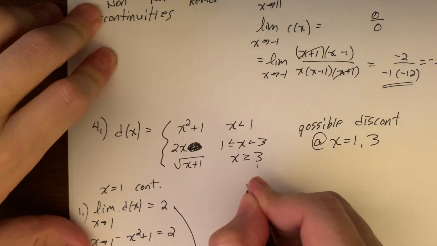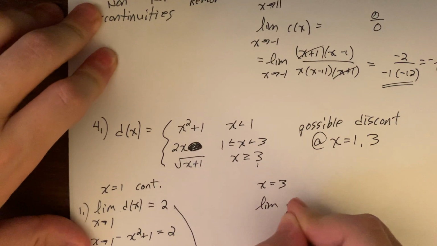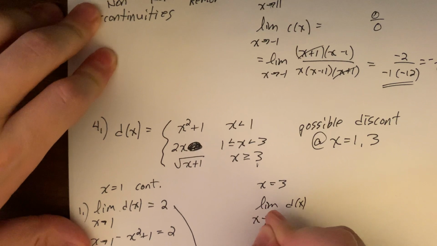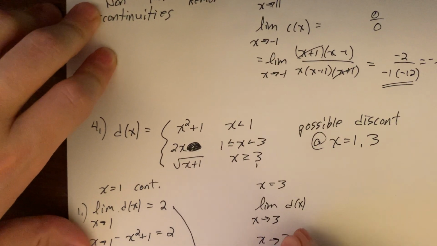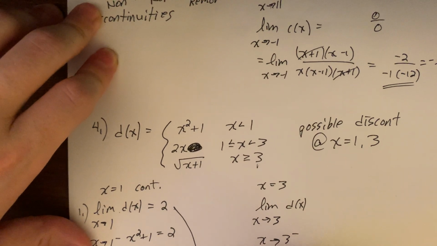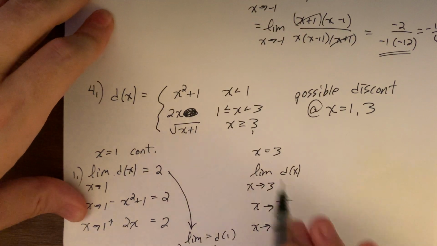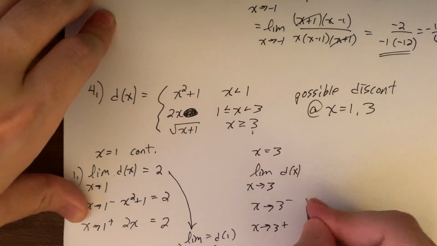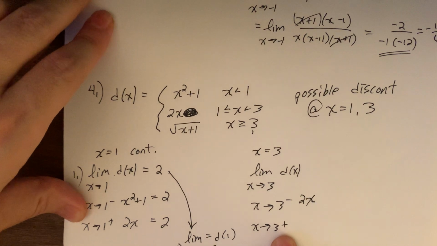But now let's investigate x equals 3. Very similar. Starting off with the limit. And in this function, I'm going to have to, again, break it down. 3 from the left, 3 from the right, 2.7, 2.8, 2.9. Fall in here. Use the 2x piece. 3.3, 3.2, 3.1.